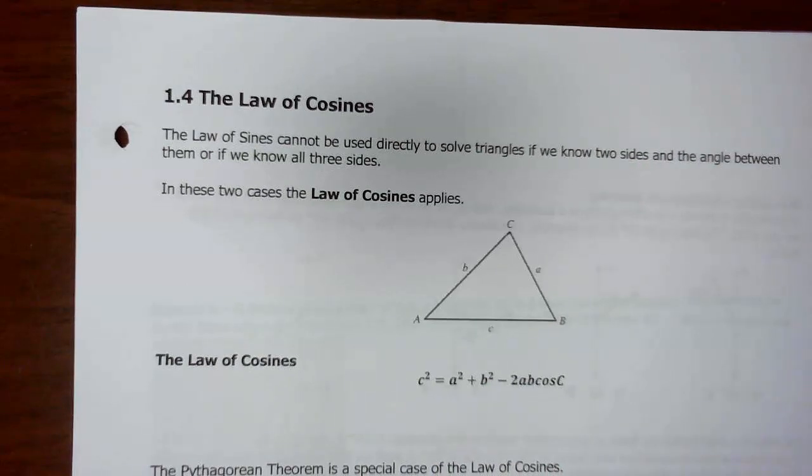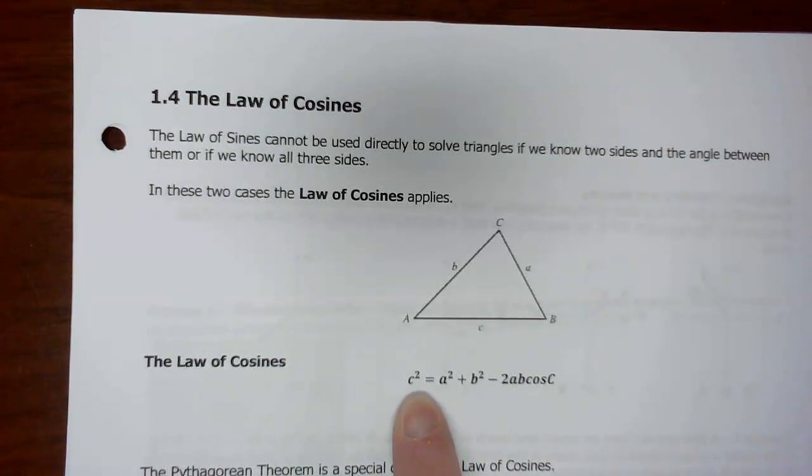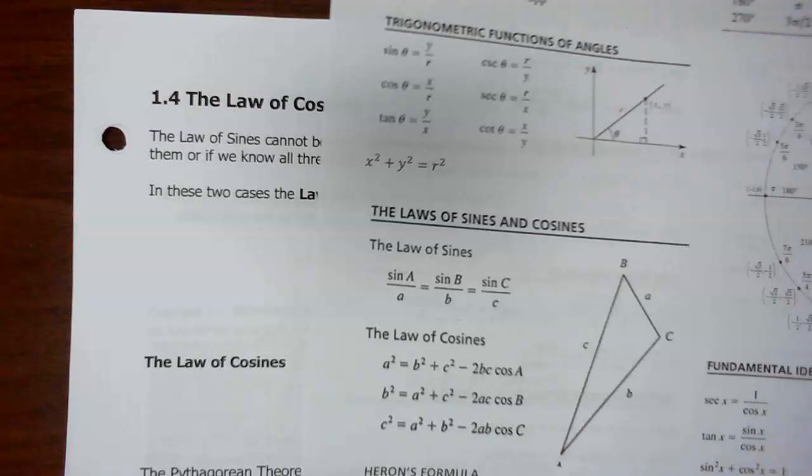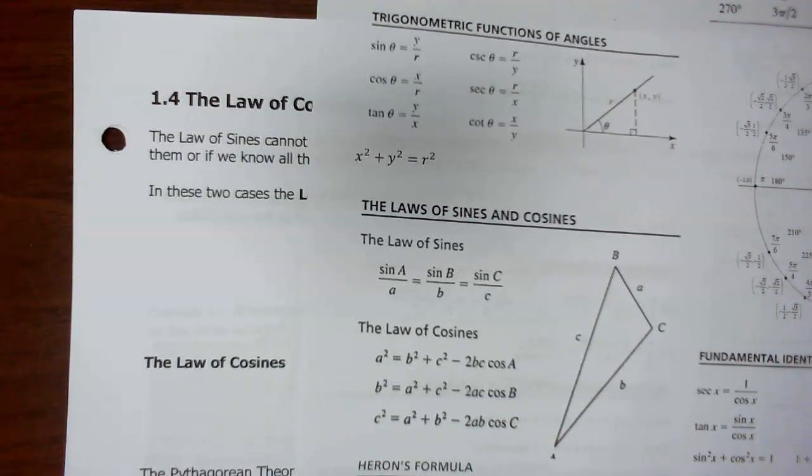Now the basic formula has c squared on the left, so we would use this if we were looking for side c, or if we knew angle C. But depending on what we know, there are three actual formulas.